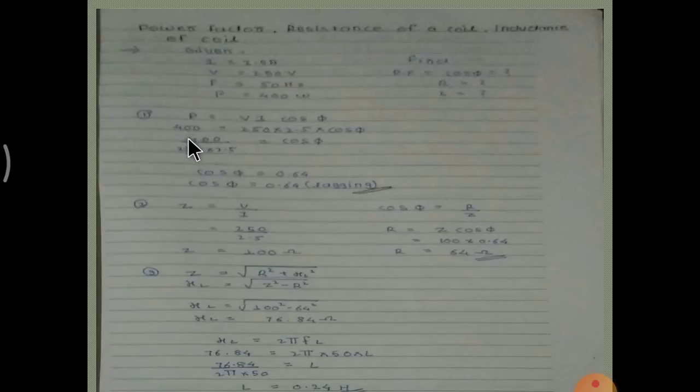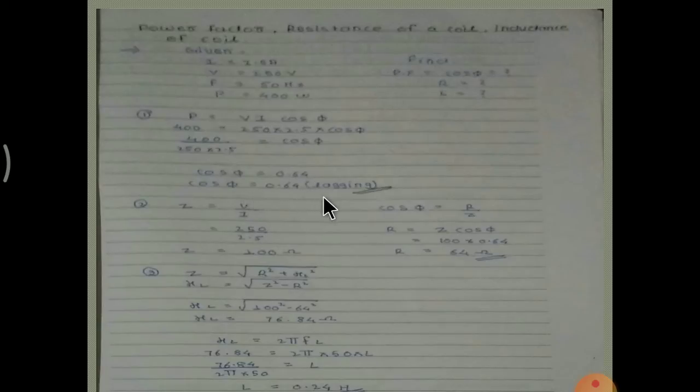Place the value of P 400, V 250 volt, current 2.5 ampere. Cos phi is 400 divided by 250 volt into 2.5 ampere. Then we got the value of cos phi as 0.64.